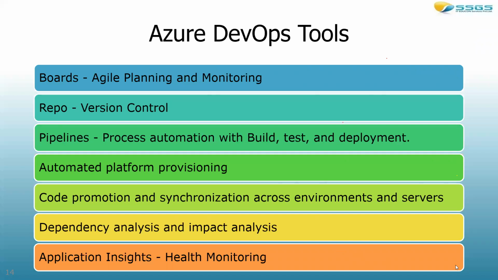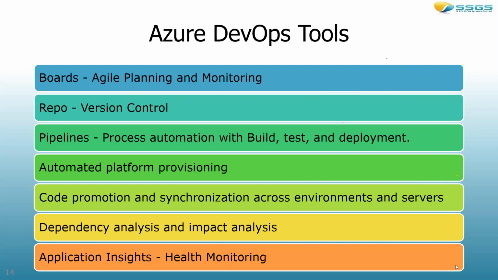The pipelines also support automated platform provisioning, like installation or creation of virtual machines or creation of virtual services in Azure or on any other cloud. It also supports code promotion and synchronization across multiple environments.